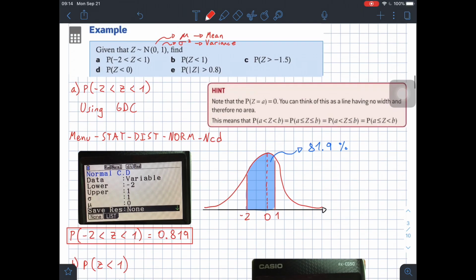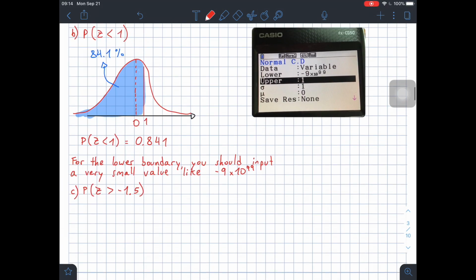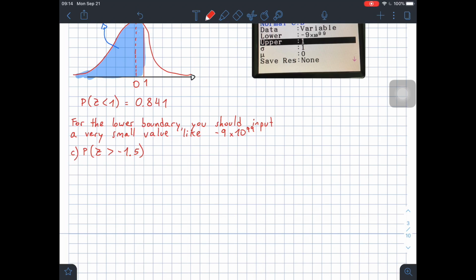So again, if we do a sketch of this situation, we're going to have our normal distribution, bell-shaped curve, right? Our mean is 0. We always have our x-axis here as an asymptote.